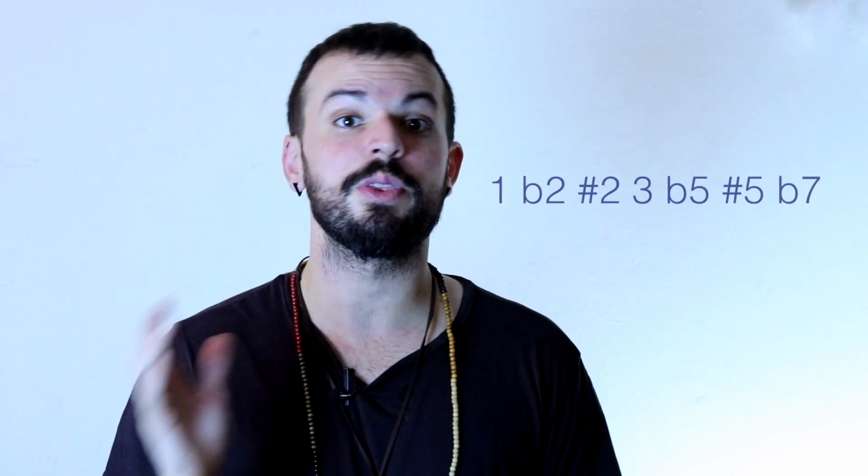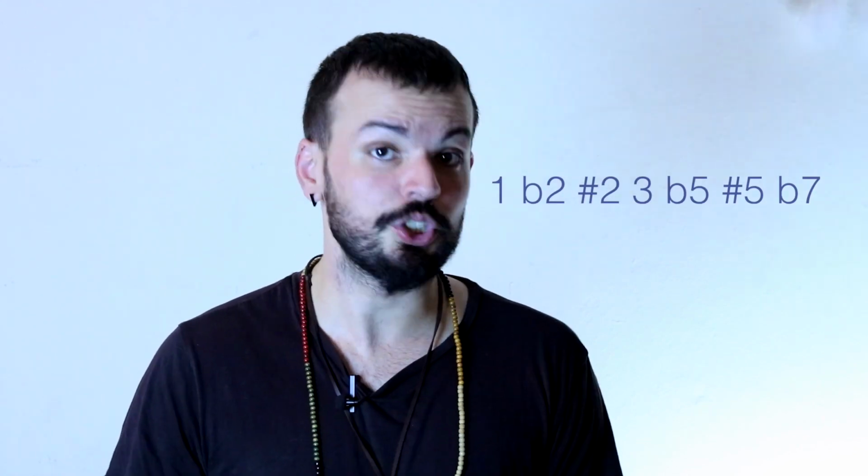Anyway, so you end up with 1, flat 2, sharp 2, 3, flat 5, sharp 5, and then flat 7. So again, it's a very practical way of looking at it, because it looks like a dominant chord with all the different alterations that you can add to it. And that's really where you would apply the scale. Like I said before, you'd play it over a dominant chord.